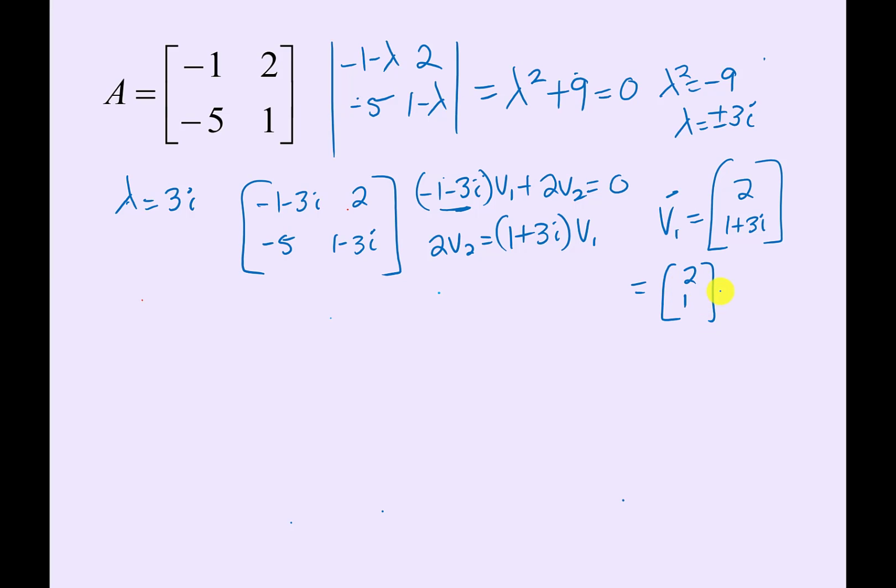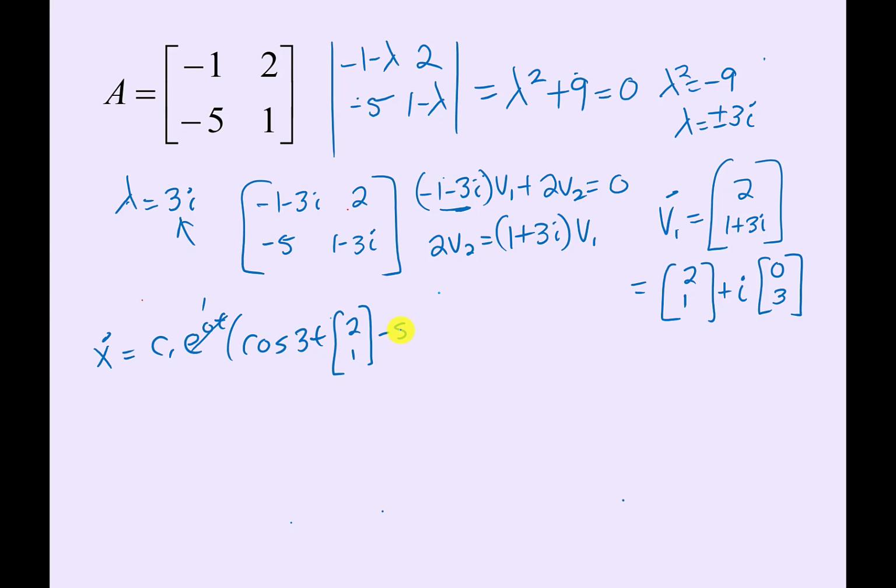Let's write that split into real and imaginary pieces. That's going to be 2, 1, plus the imaginary piece is going to be 0, 3. So let's go ahead and build our solution then. So we're going to have c1 e to the 0t, so that's just going to be a 1, so we don't need that on there. And then it's going to be cosine of 3t because of the 3 right here, multiplied by the real part of the eigenvector minus sine 3t multiplied by the imaginary part.